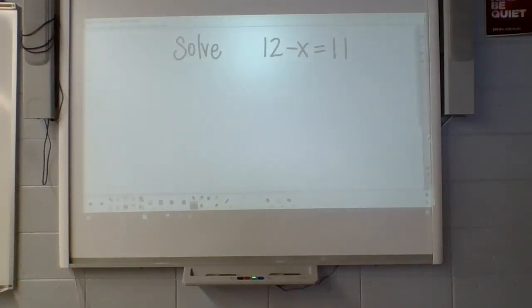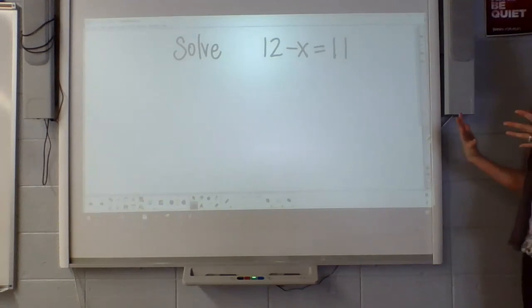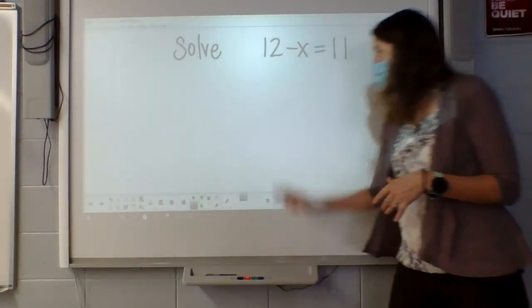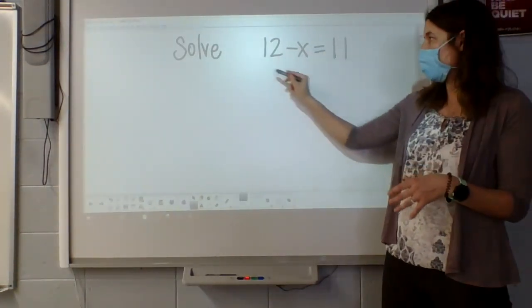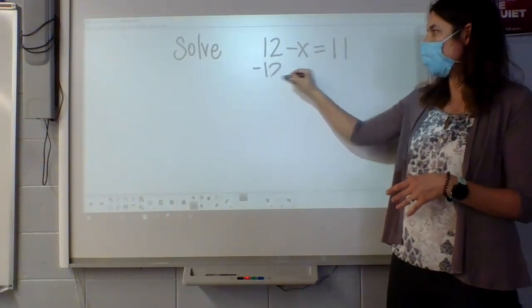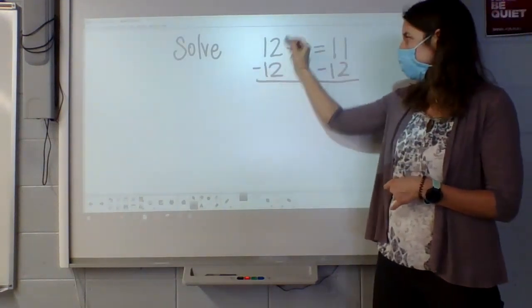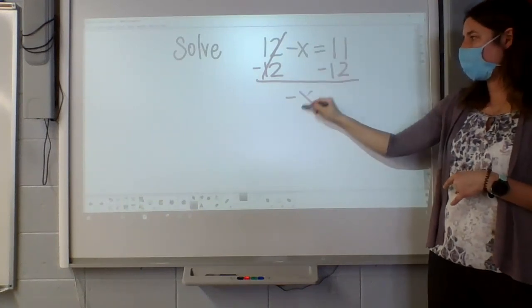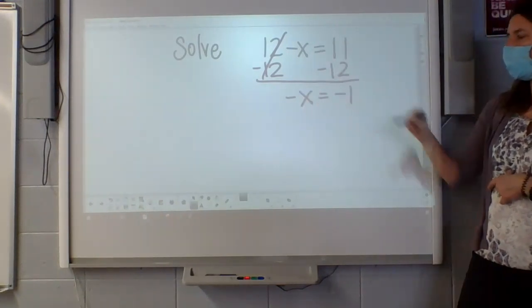Guys, this one's a little bit goofy. I know it seems so obvious maybe to some of you what the answer is. But some of you are really super close, and I want to talk to you about how to get there. So this negative is kind of throwing us off here a little bit. If I want to move this 12 over, I can. If I do it this way, I'm left with a negative x equals a -1.